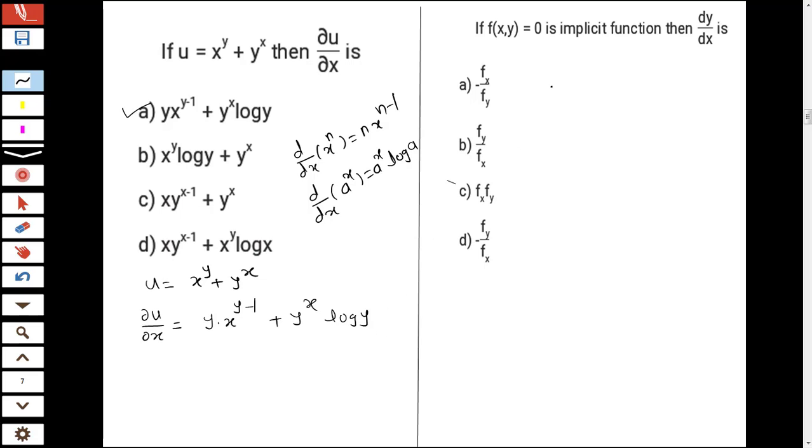Now this is on the implicit function. Implicit means when you do not have y in terms of x or x in terms of y, but the equation contains a mixture of x and y.